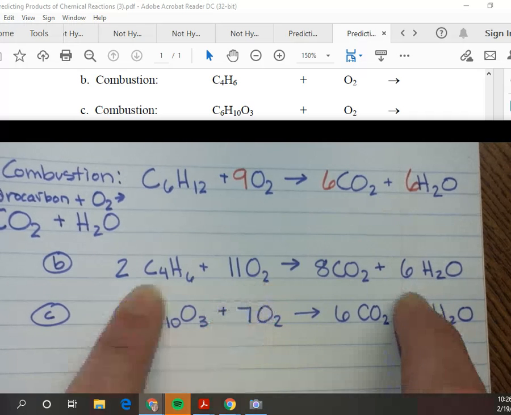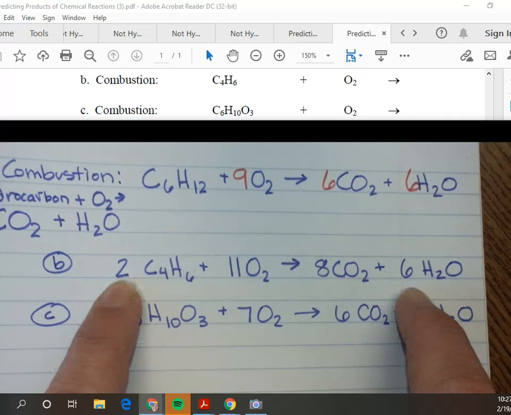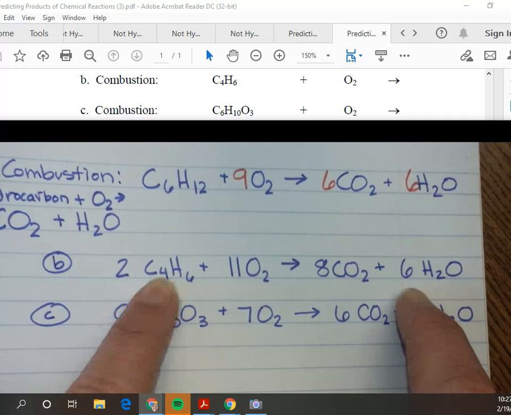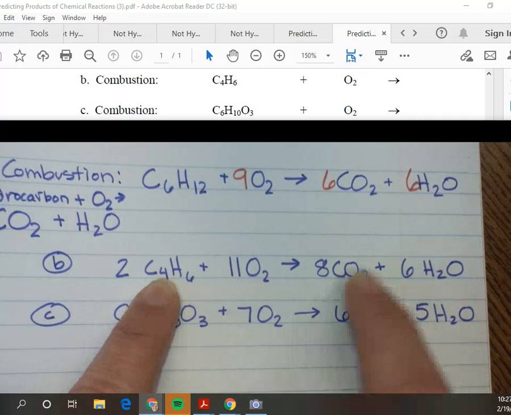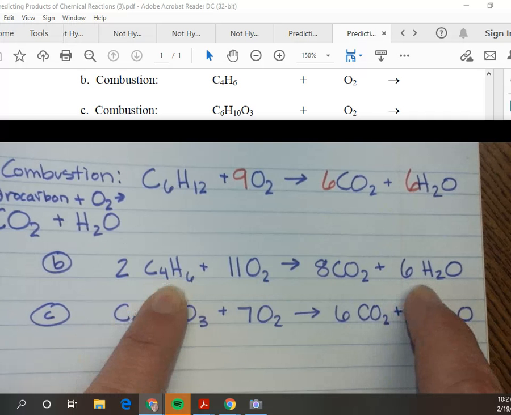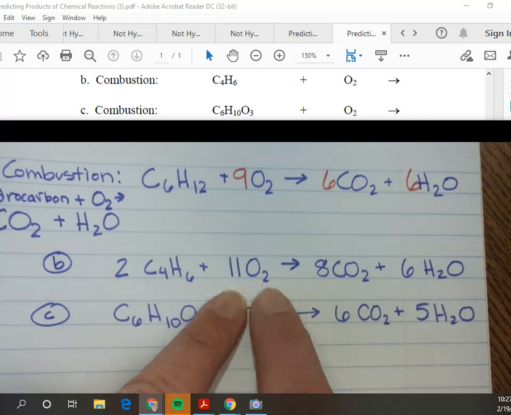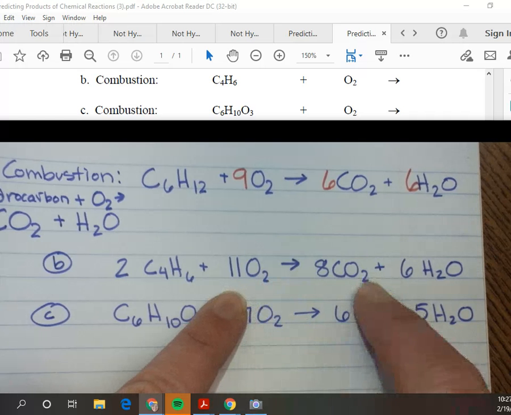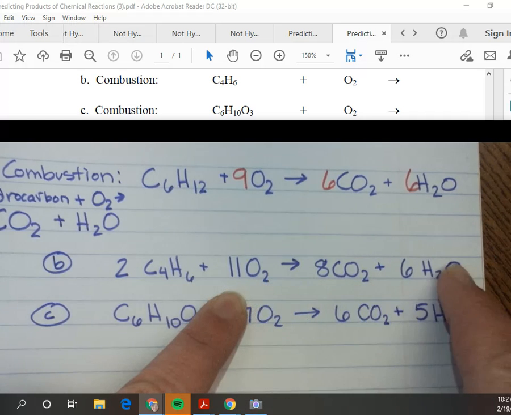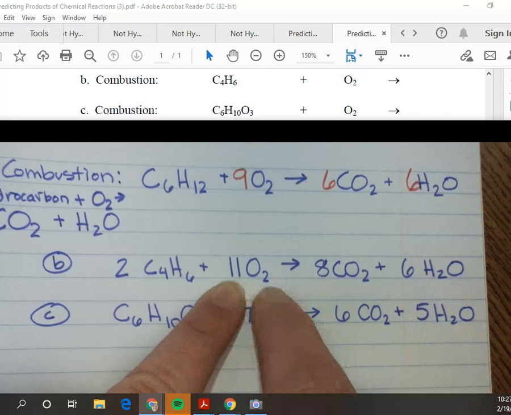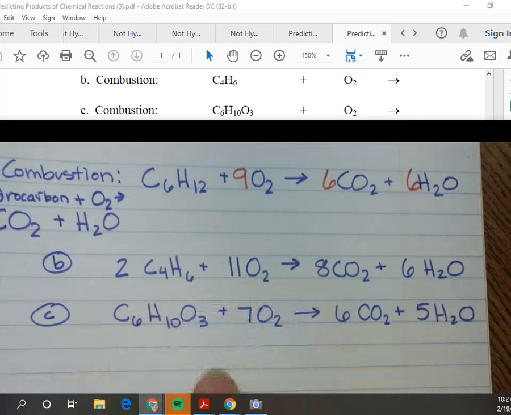So we have to make it even, and you do that by putting a 2 in front of your hydrocarbon, and then that gives you 8 carbons and 12 hydrogens, and that allows you to get the 8 times 2 is 16, plus 6 is 22, so 11 times 2 is 22 for your reactants.